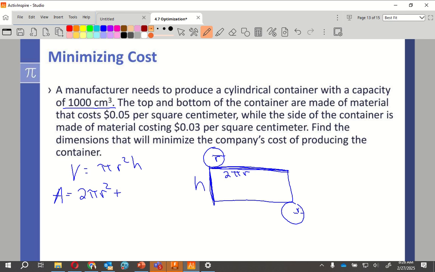That's going to be base times height, so that's going to be 2 pi r h. Where did I get this? What is the area of a circle? Pi r squared, right? But how many of those do I have? I got 2 of them, that's why I did that.